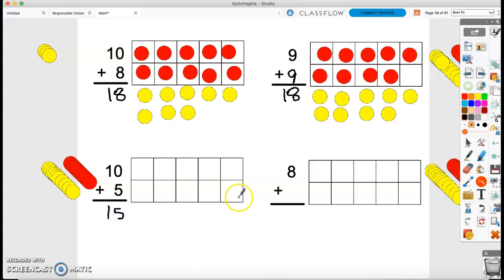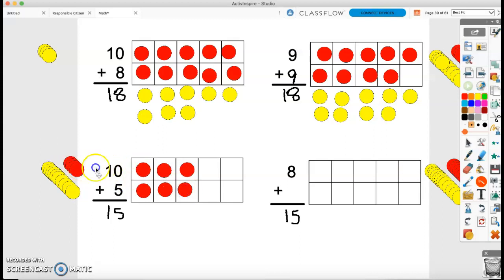So I know that 8 plus something is also 15. But I'm going to do my picture to help me figure it out. So I have 10 in my 10 frame. So I know that when a 10 frame is filled up, it has 10. I do not need to count. I can just say 10.